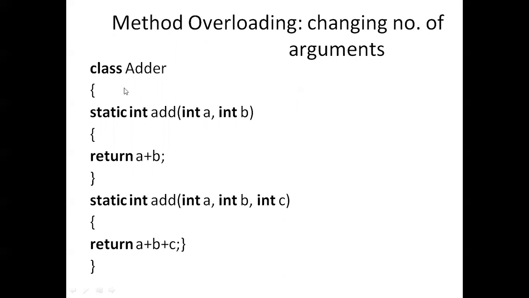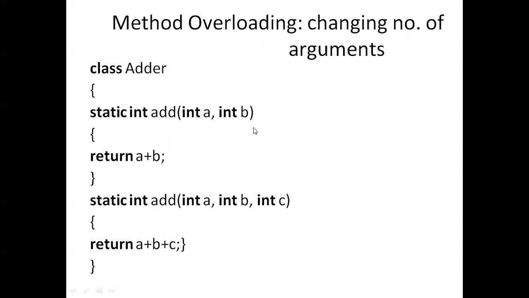Consider this example. Here I'm creating one class. That class name is Adder. In that I'm going to use the static keyword, then the int data type, and there I'm going to give the method name called add. So static is a keyword and int is a data type, and add is the method.